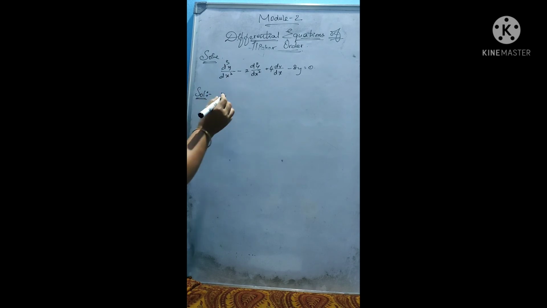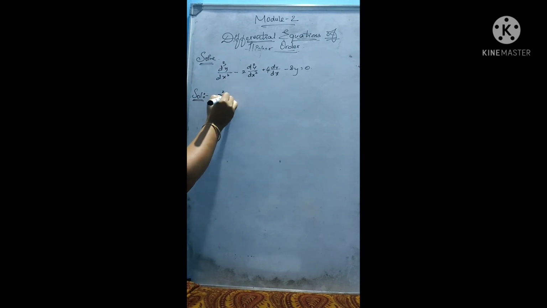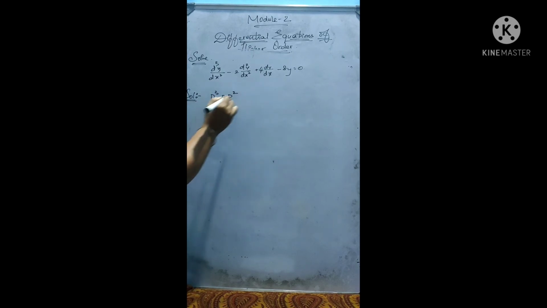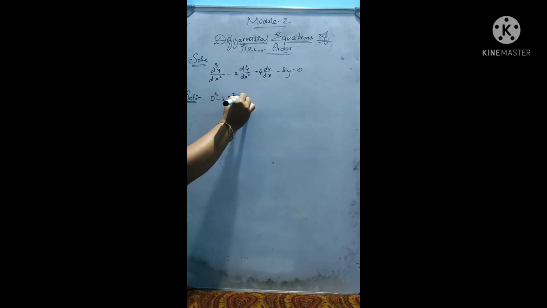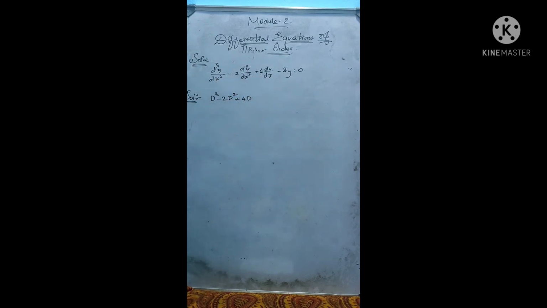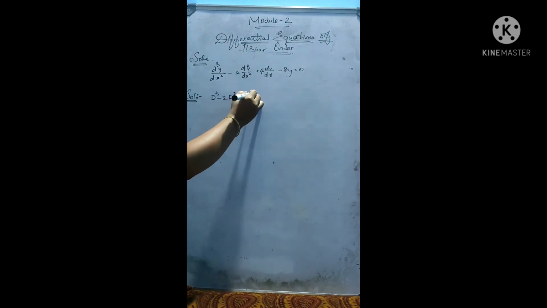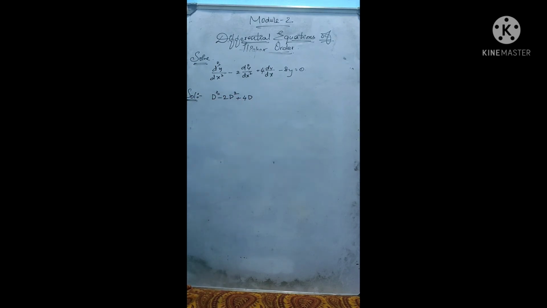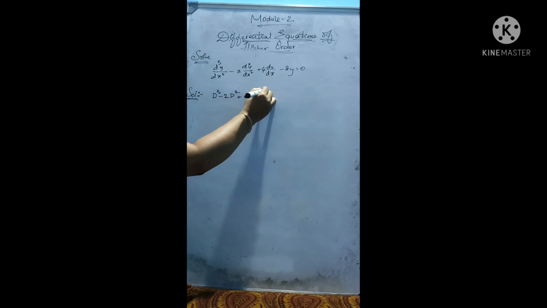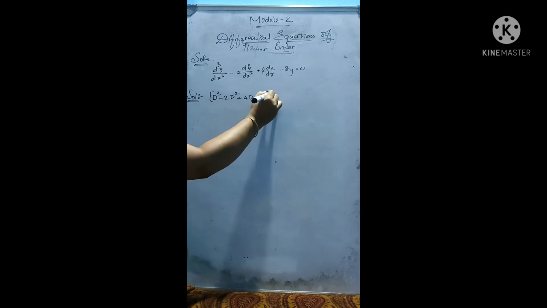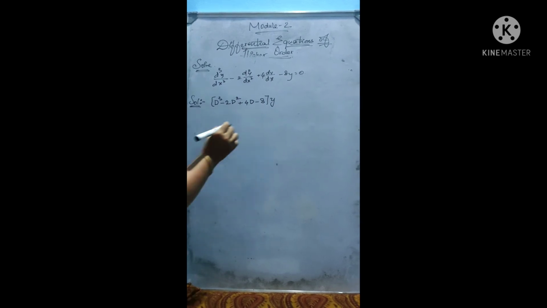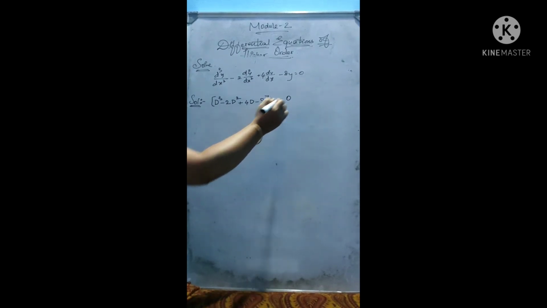So we have a cubic term, so D cube minus 2, this is a second order term, so D square plus coefficient 4 is constant as it is, and then dy by dx, so that is d by dx is D. Okay, then you can just write minus 8. So all of them have a common term, that is y. Y is taken common from each and every term of this, is equal to 0.